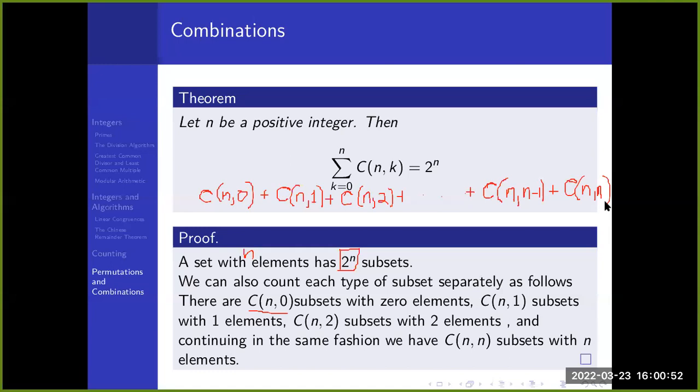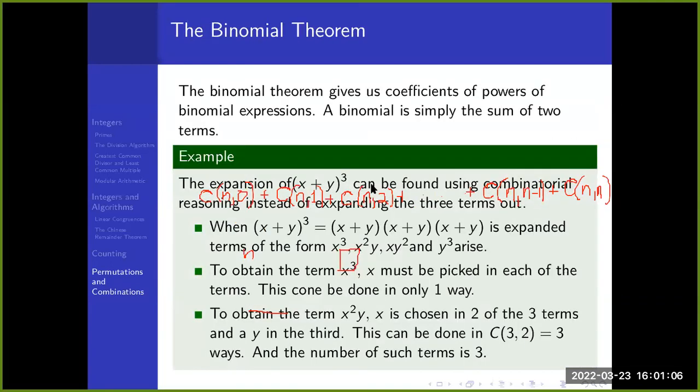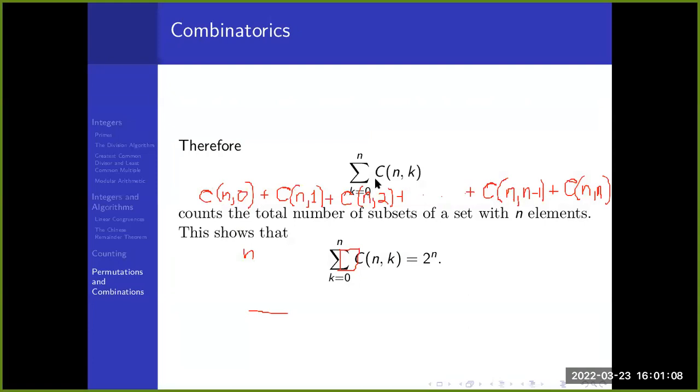So this counts all the subsets. If you add all these things, you'll have added up all the subsets of a set with n elements. But we know that to be equal to 2 raised to n. So that's why this quantity here is equal to 2 raised to n.